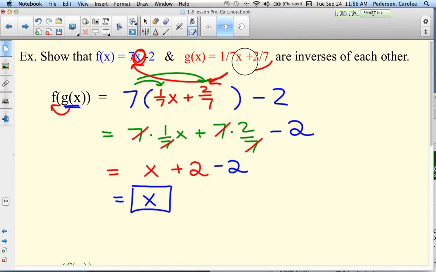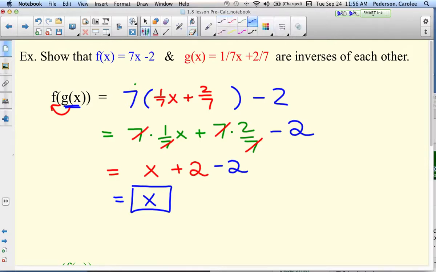Now I'm just going to erase this, and we're going to do the opposite. We've just found f of g of x. Now we're going to find g of f of x. So we're going to replace this into that function.